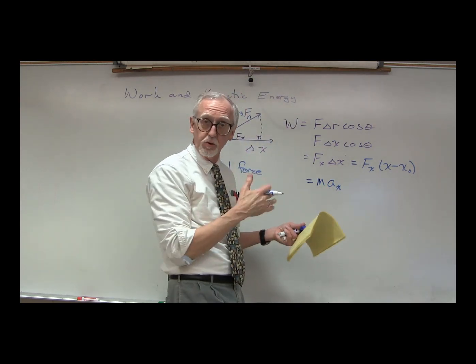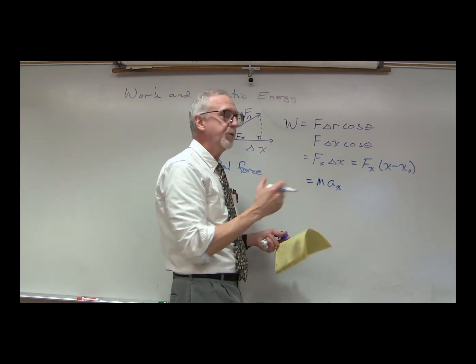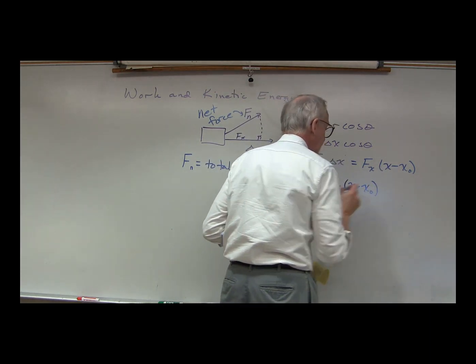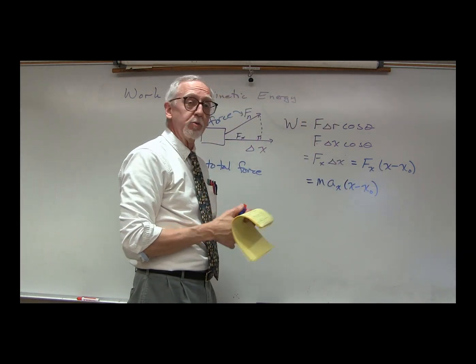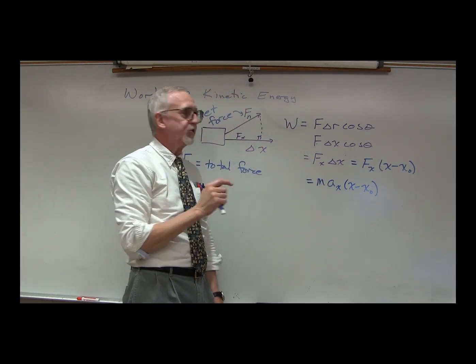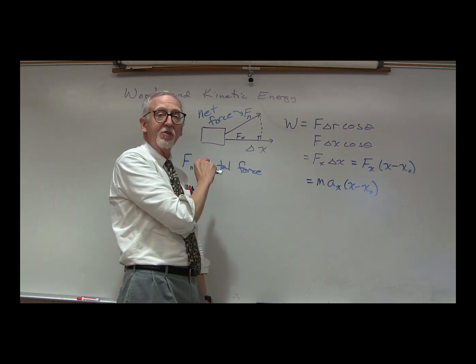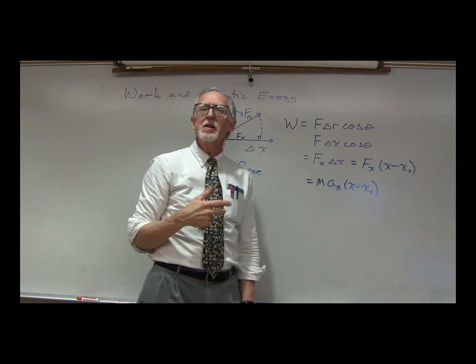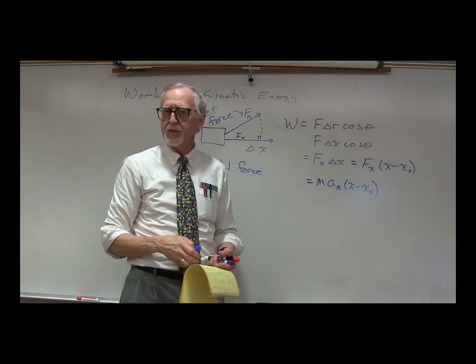So that's the total force in the x direction, the x component of F, times x minus x naught. Okay, there we go. So to go from here to here, all we have had to do is assume that our displacement, the delta R, was actually in the x direction, and the force that we're considering is the total force, the net force acting on the object.